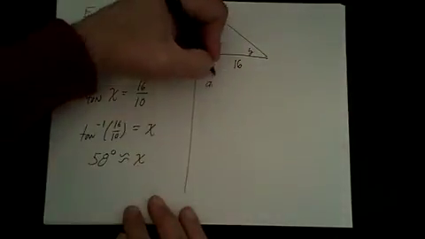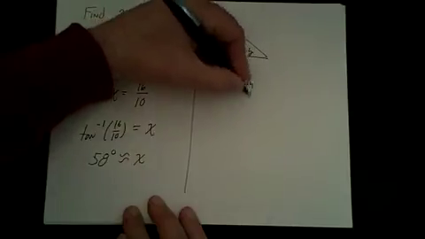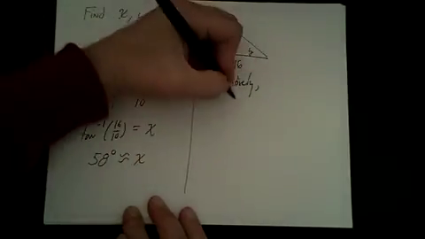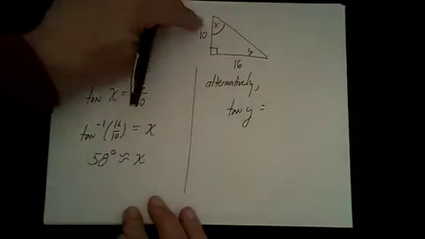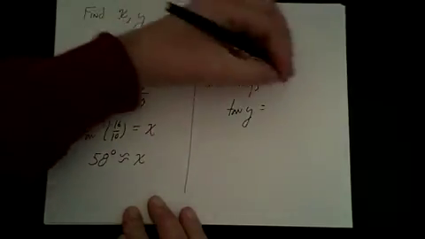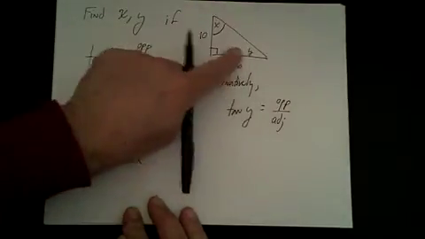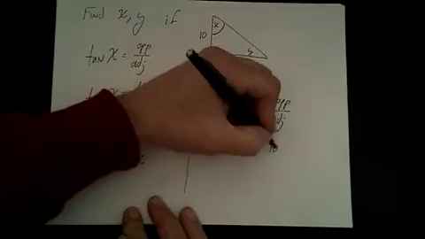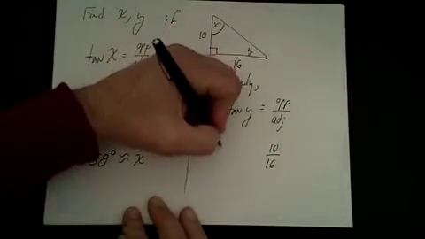Now, alternatively, I could have solved using y. I could have gone tan of y, which is also equal to opposite over adjacent, right? But the opposite and adjacent switch now. The opposite of y is going to be 10, and the adjacent is going to be 16.